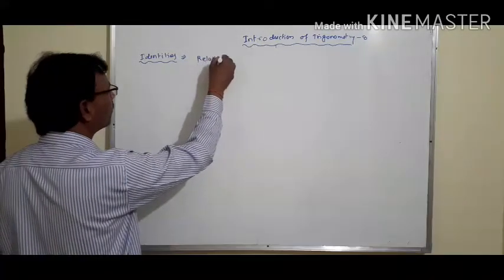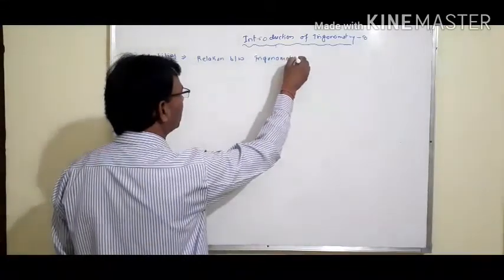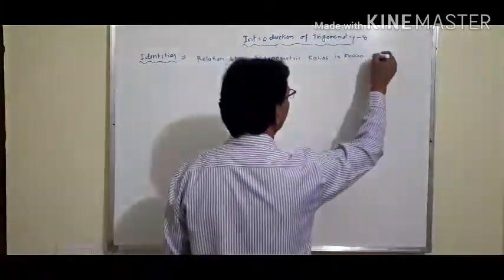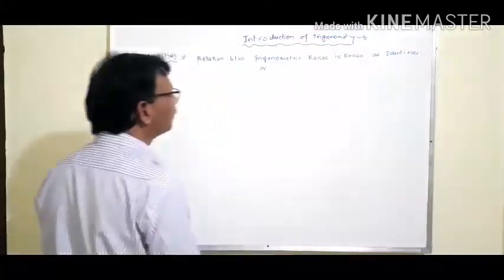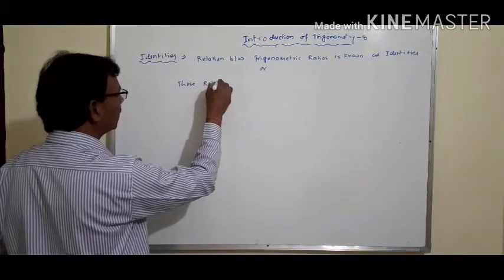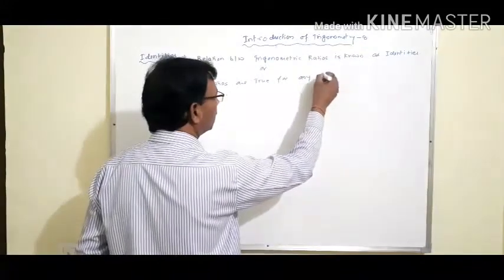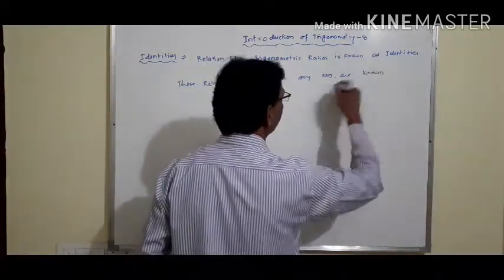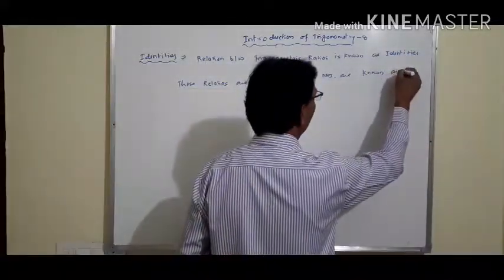The relation between trigonometric ratios is known as identities, or in other words we can say that those relations which are true for any numbers, for every number, are known as identities.